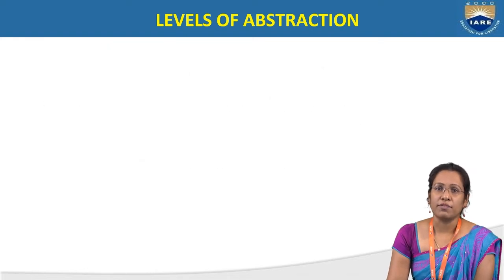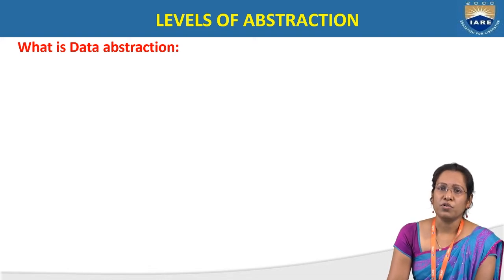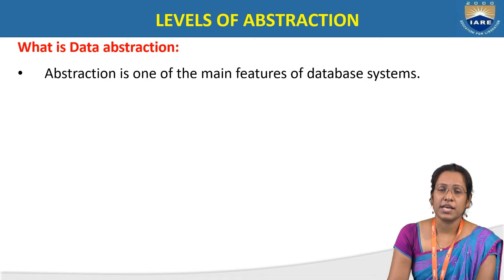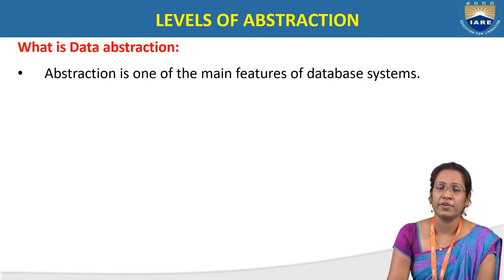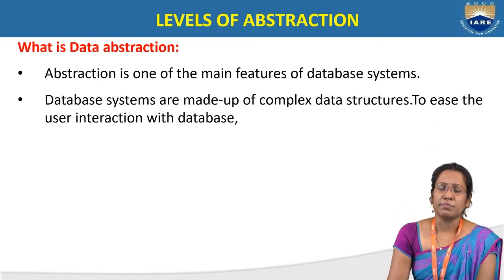Next we will see what is data abstraction. Why do we need abstraction? Abstraction is an important feature of database systems, because database systems are made up of complex data structures.